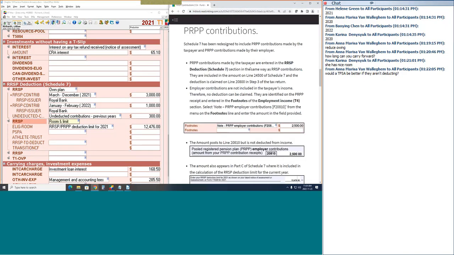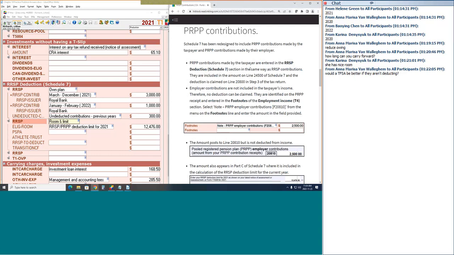You're not going to see them all that commonly yet, but they're starting to become more common, which is pooled registered pension plans. So we're seeing some smaller employers where they can't afford a big formal RPP, which is a registered pension plan, and instead several small employers are coming together and creating a pooled registered pension plan.